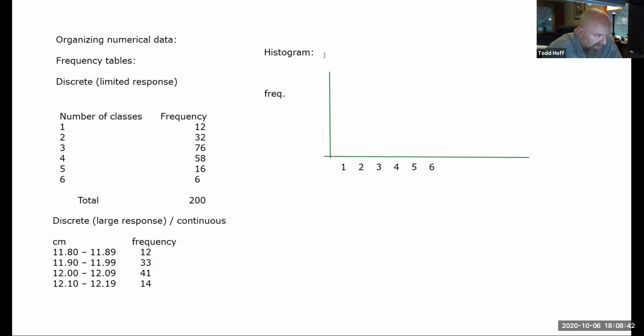So for the number of classes, we need to go up to, looks like 70, we need to go up to 80. So I'm just going to number by 20s here.